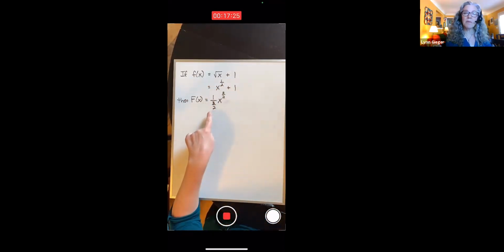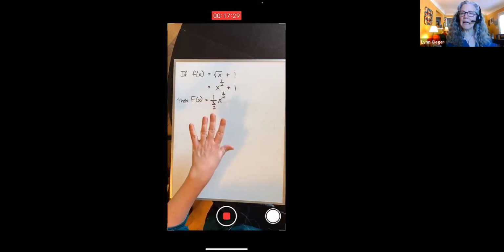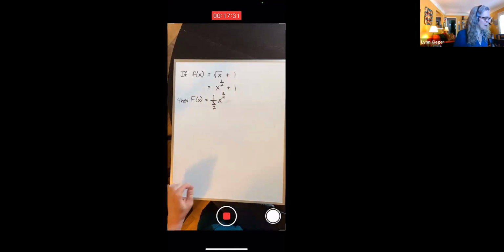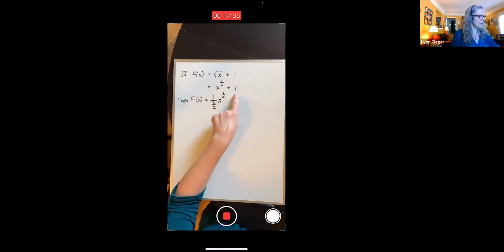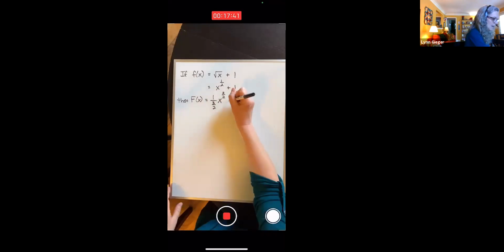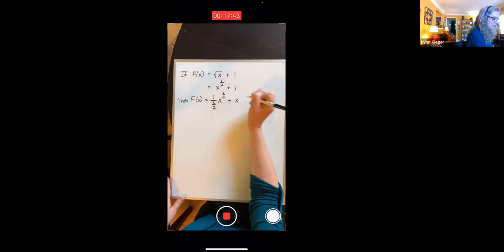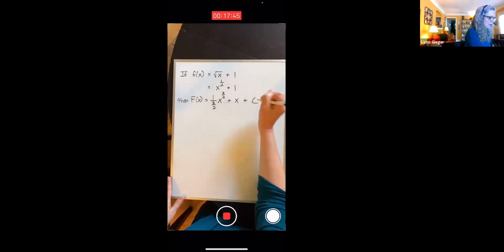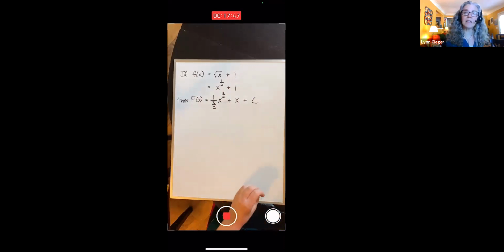That's probably making some of you a little uncomfortable to see a 1 over a fraction. It's actually all right. You can leave it just like that. That'd be fine. Now, the antiderivative of 1, remember that's our constant, and the antiderivative of a constant is just that constant times x. So we would have just plus x, and then our arbitrary constant within the family of c.